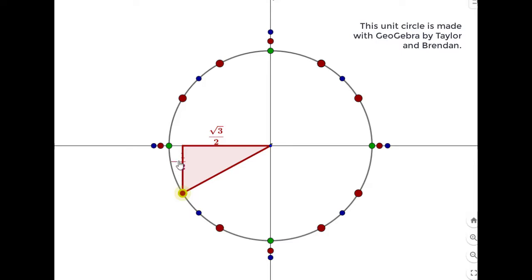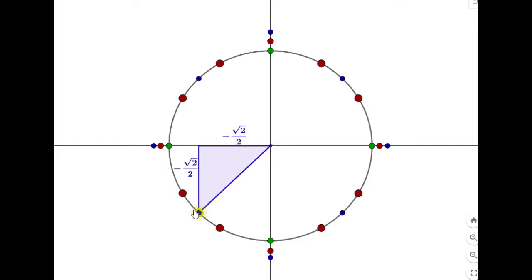You can see the animation has this coordinate hidden a little bit, but it's negative 1/2. In terms of length, it's still a 1/2 length, but as a coordinate, the vertical coordinate became a negative 1/2, and then it becomes more negative.